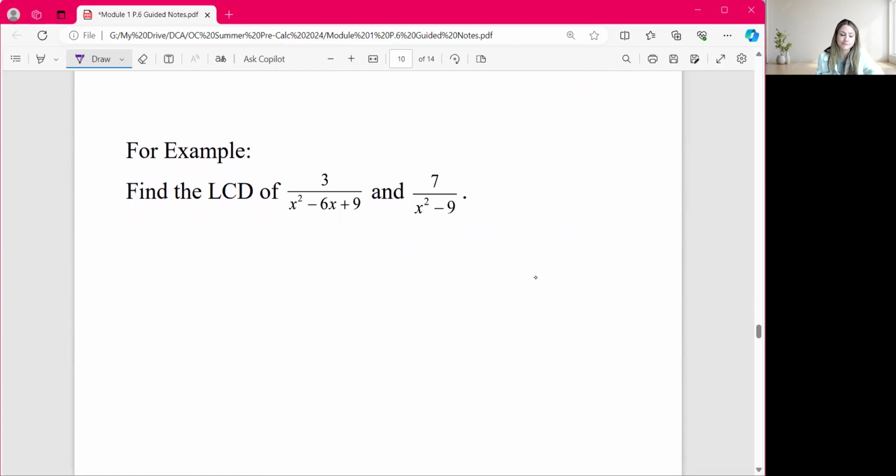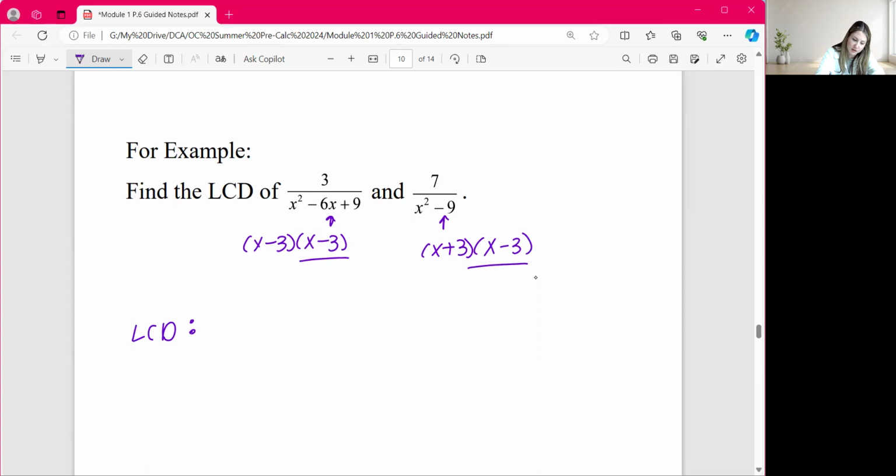To find our least common denominator, let's factor the denominators here. I'm going to have x minus 3 and x minus 3 for this denominator, and this denominator is going to give me x plus 3 and x minus 3. My least common denominator, I have to list all of these factors that both have in common. So I'm going to list the x minus 3 here.